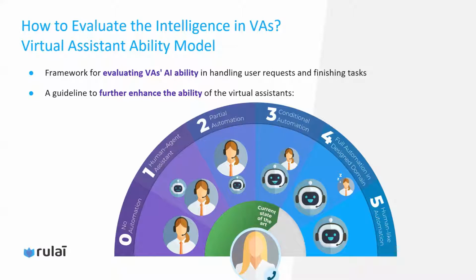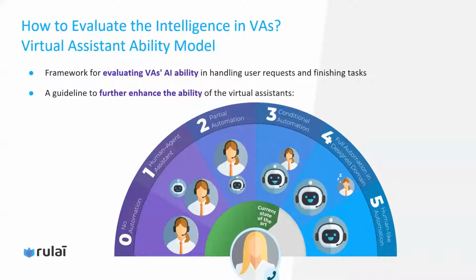On level 3, we have conditional automation. That means for tasks the virtual assistant is designed to handle, the virtual assistant can fully take control without human agents. Human agents will handle other tasks that the virtual assistant is not trained or designed to handle, for example, those tasks that require human intervention or empathy.